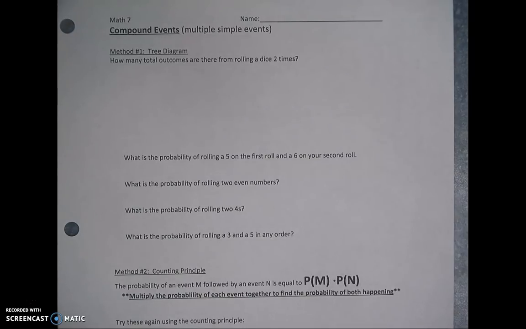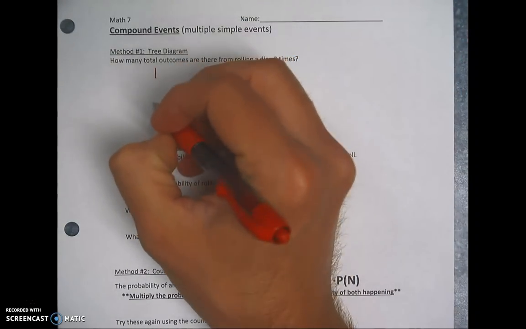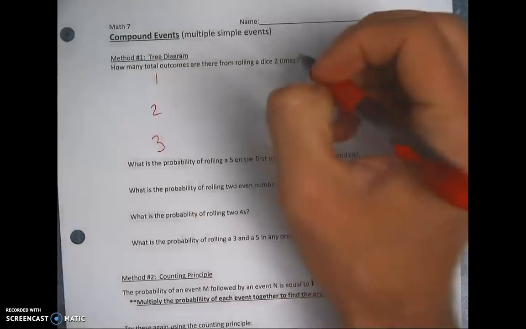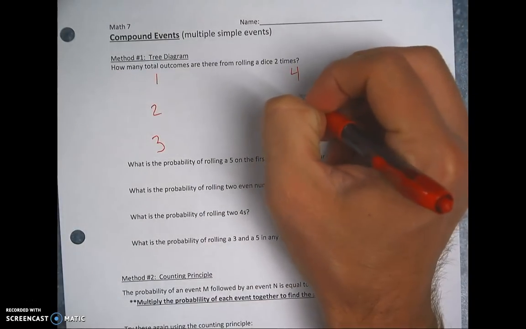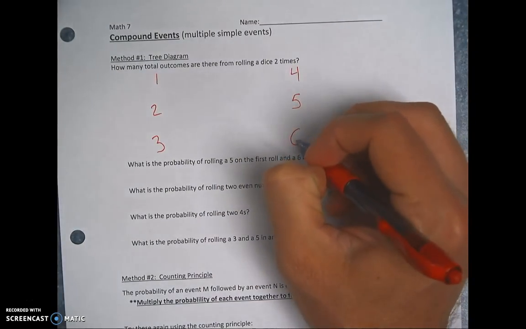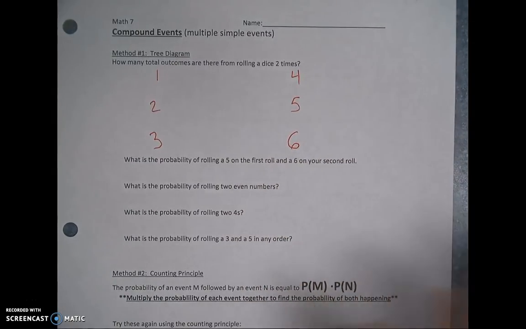So you roll the dice once, we know there's 6 outcomes, so we're going to call that 1, 2, 3, 4, 5, and 6. So the first time you roll that dice, those are your only 6 options. You pick it up, you roll it again now for a second time.